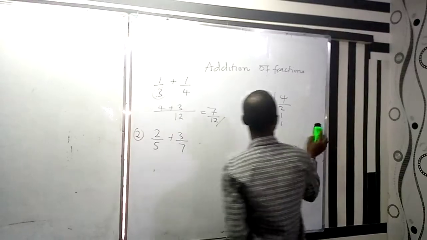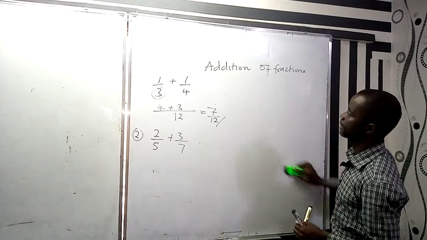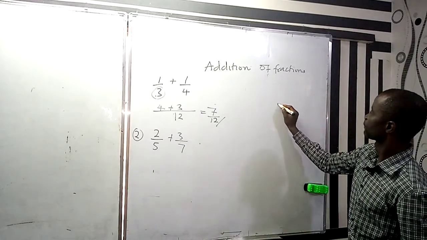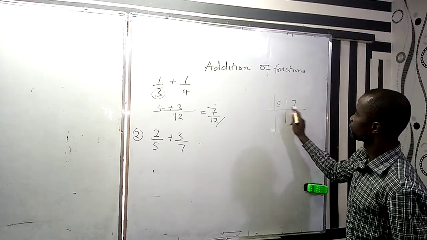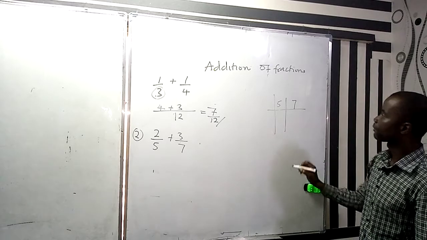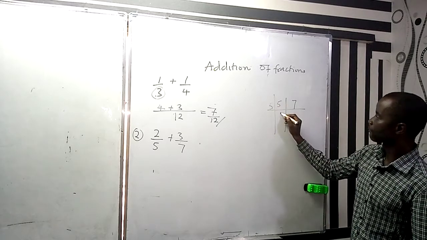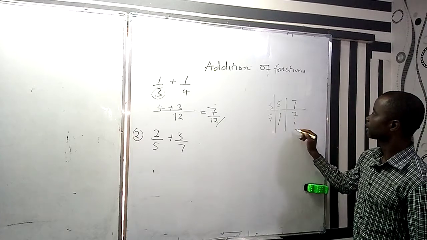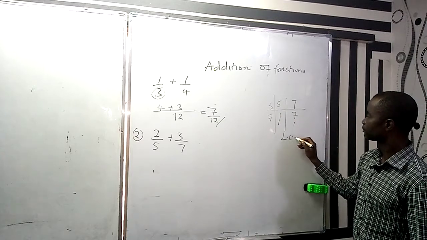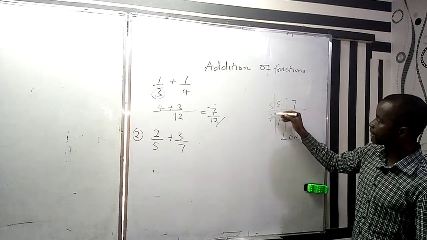Both of them are prime numbers. That means 5 here, 1, 7 here, 1, 1. That means the LCM equals 5 times 7.